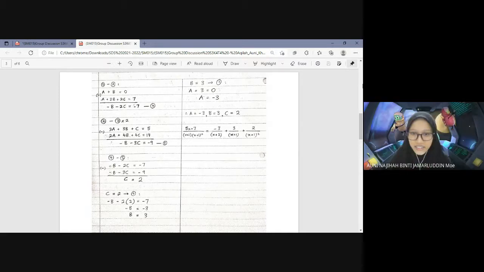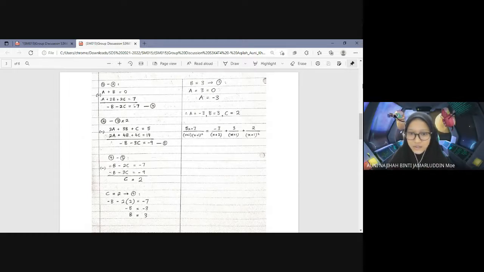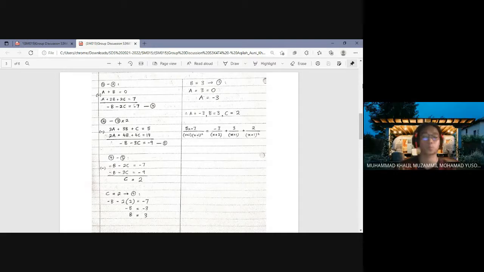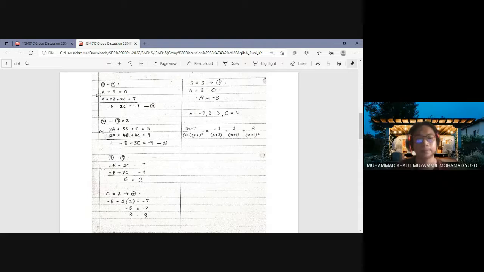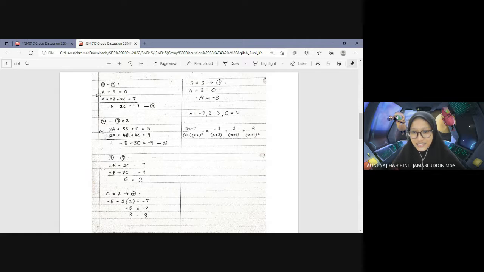So we got negative b minus 2c equals negative 7. So here we got the fourth equation. And then the next step, we do equation 2 minus equation 3 times 2. So the last we get negative b minus 3c equals negative 9. And then it will be equation 5.